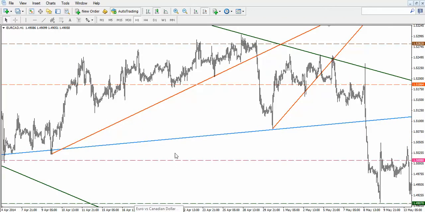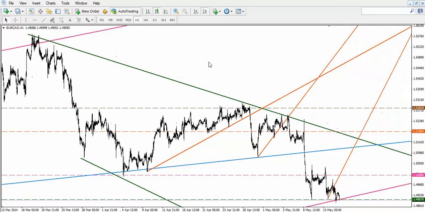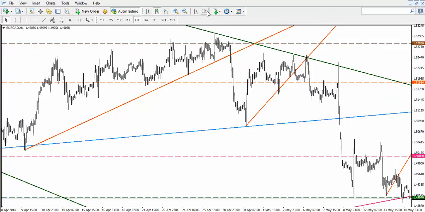I'll just quickly go down to the 1 hour to look at my entries. So the blue one was the one in Nigel's report. I tend to be a little bit more aggressive, and there was a rising hourly trend line here. Now, from memory, I think I took this trade.